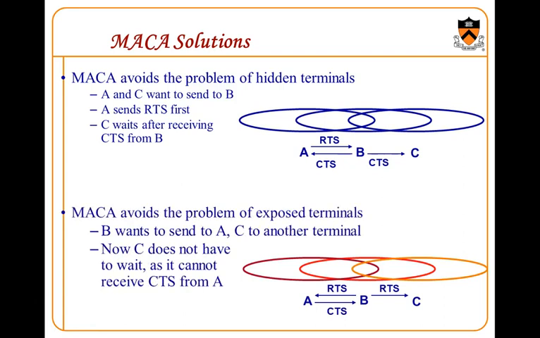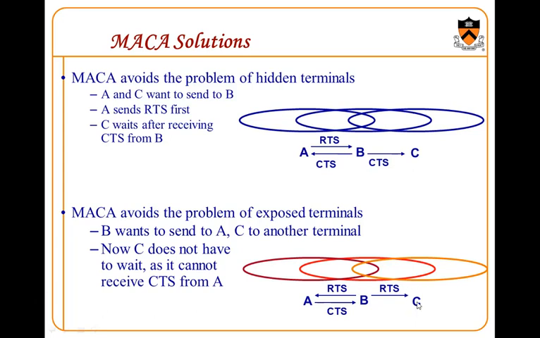And you can see that MACA also avoids the problem of exposed terminal, where node B wants to send data to A. Here you can see that RTS is generated by node B, and this RTS is received by both nodes A and C. This RTS has information, as we discussed earlier, that the sender is B, the receiver is A, and C only gets the information that this communication between A and B will take 5 to 10 minutes.